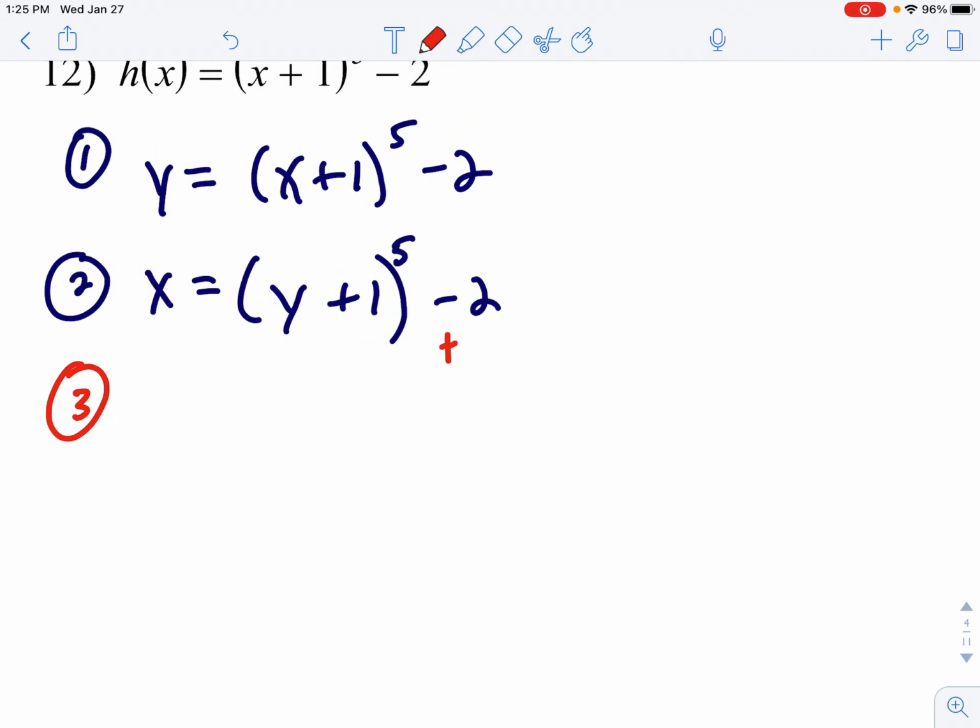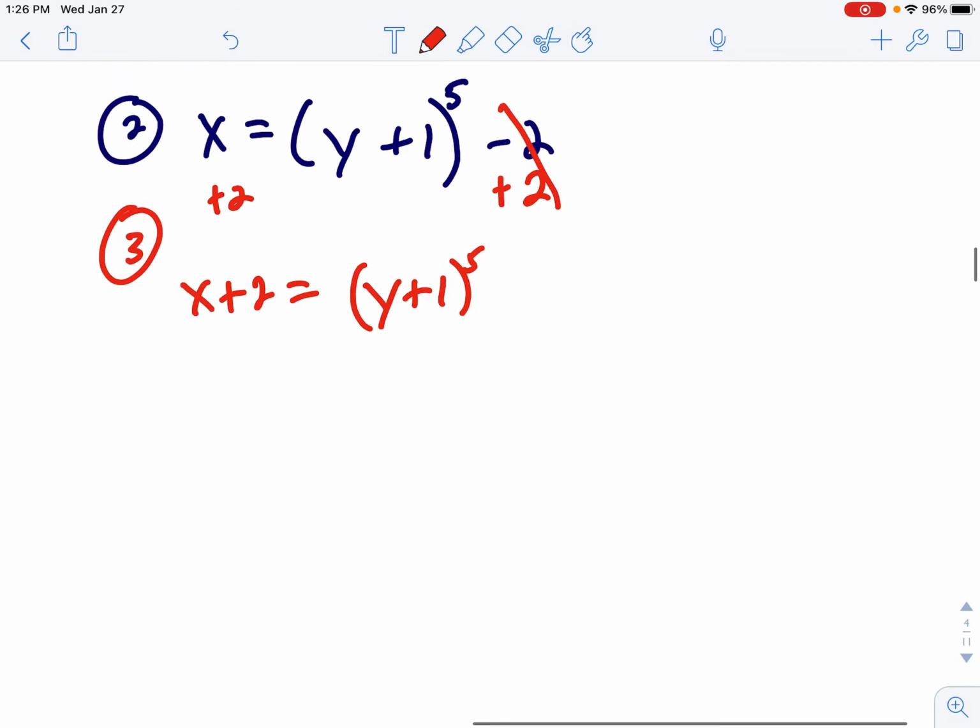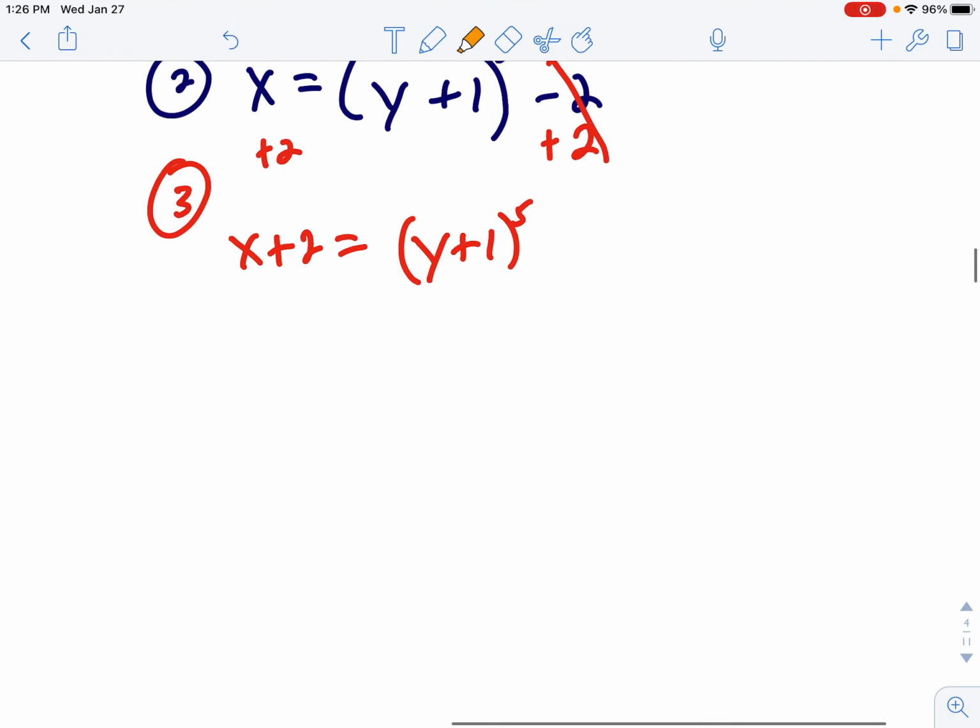Okay, so we can start by adding 2 to both sides. X plus 2 equals y plus 1 to the 5th power. That cancels out. Now we need to cancel the 5th power. What cancels a 5th power? Answer, a 5th root. And if you do the 5th root on one side, you have to do the 5th root on the other side.